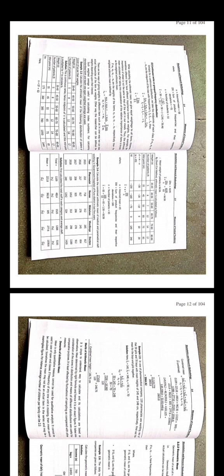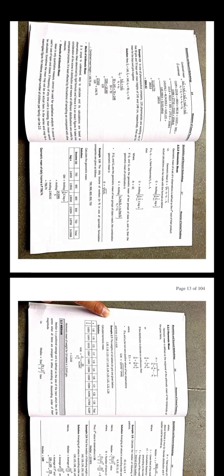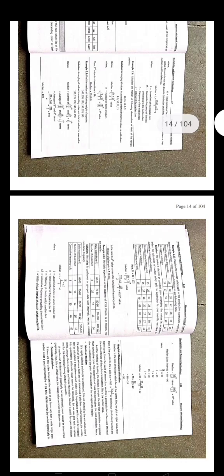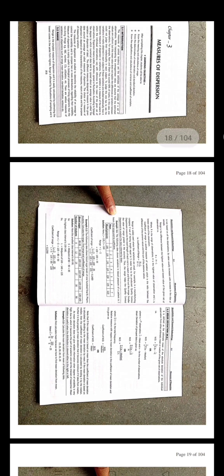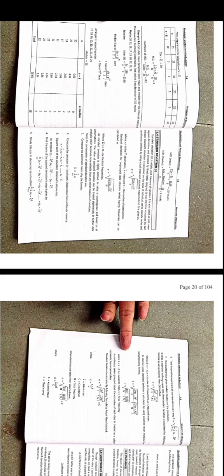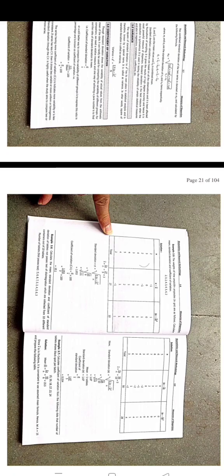Examples of dispersion measures are standard deviation, interquartile range, mean absolute difference, median absolute deviation, average absolute deviation, distance standard deviation, coefficient of variation, and relative mean difference. These are the examples of dispersion measurements.